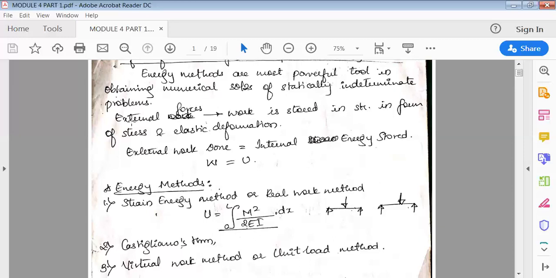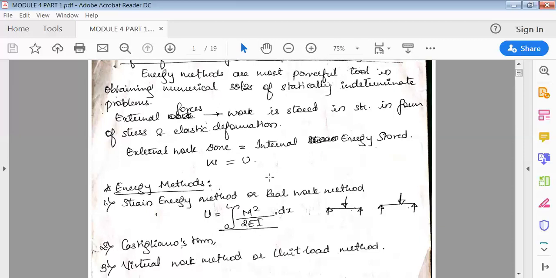To stop the external load, the structure will in turn have an internal energy that opposes the external energy. So external forces will always be equal and opposite to the internal energy.